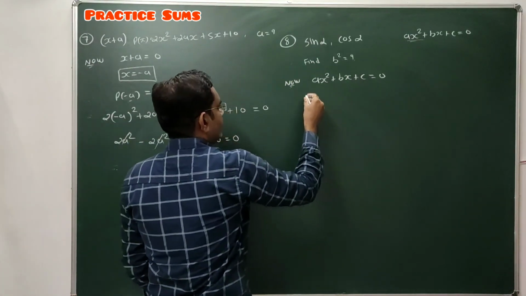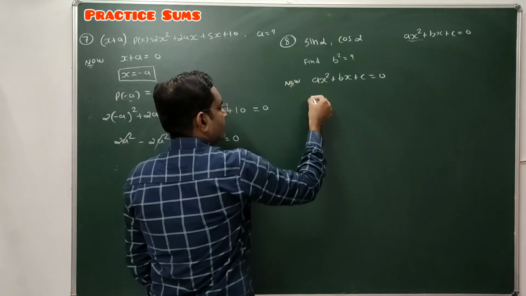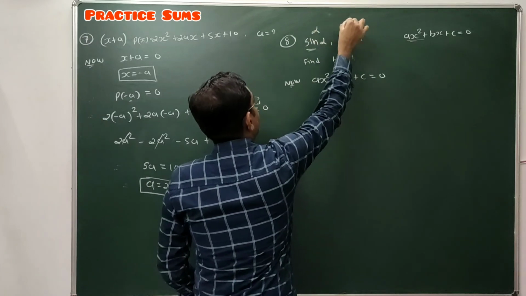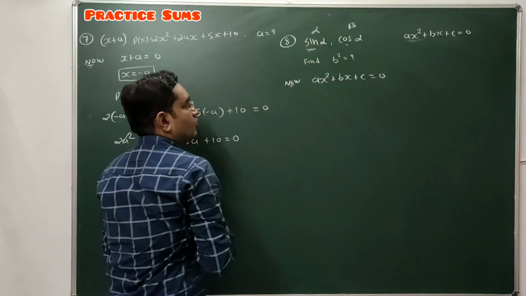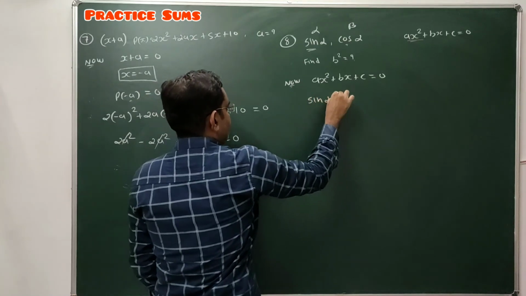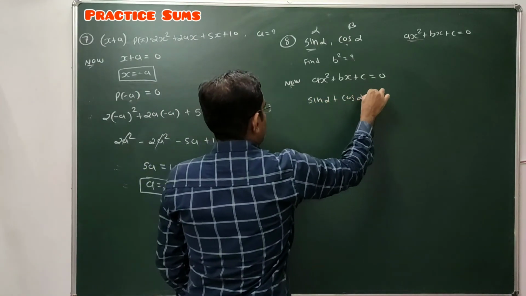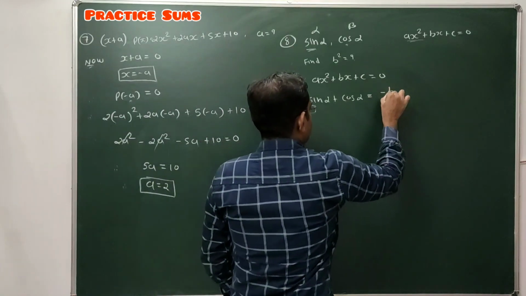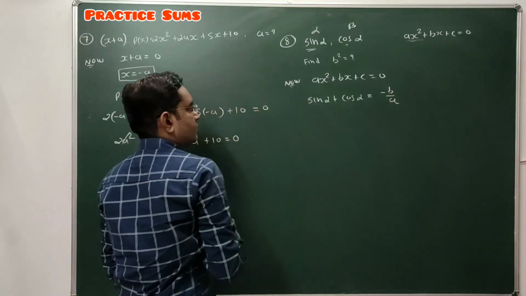So what is the sum of the roots? Sum of the roots, sin alpha plus cos alpha, is equal to minus b by a.